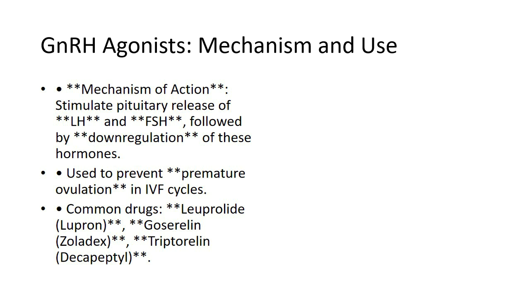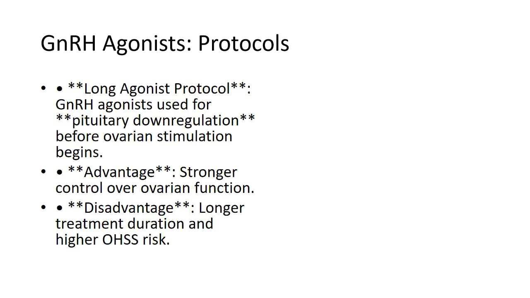Types of GnRH agonist protocols: long agonist protocol. Pituitary downregulation is achieved with GnRH agonist given for 2 to 3 weeks before ovarian stimulation begins. Once downregulation is confirmed, low LH and FSH levels, gonadotropins are administered to stimulate the ovaries.